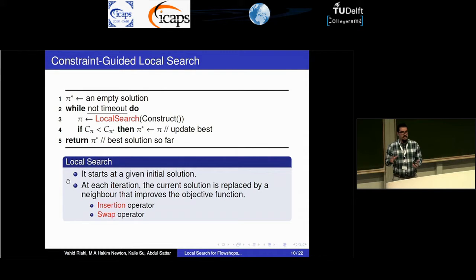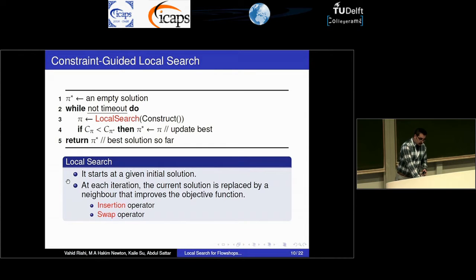To move from one solution to a neighbor solution, you need a neighborhood operator. Here we use insert and swap operators because they are mostly used for Flowshop scheduling problems.